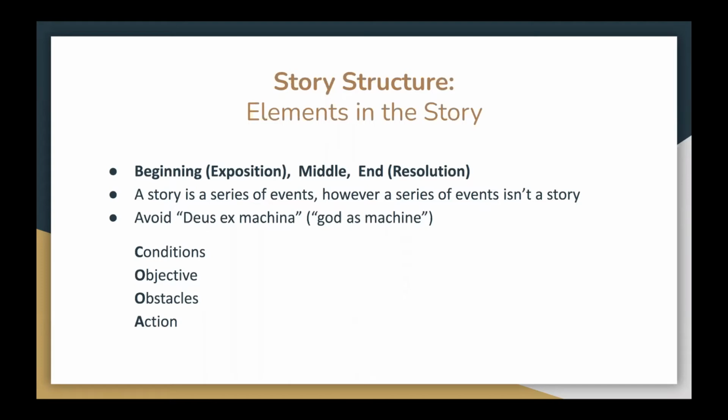Always keep in mind that whatever happens is because of your character and their end goal, and how they overcome certain obstacles. So over here, I have COOA: conditions, objective, obstacles, action.